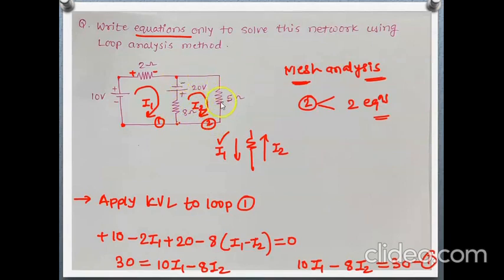So from this 5, the voltage across 5 will be 5 times the current flowing through that resistance, that is 5 I2. Then again, the voltage drop across the 8 ohm will be 8 times I2 minus I1, because now we are in loop 2. Here it was I1 minus I2, now it is I2 minus I1. So let's write that.